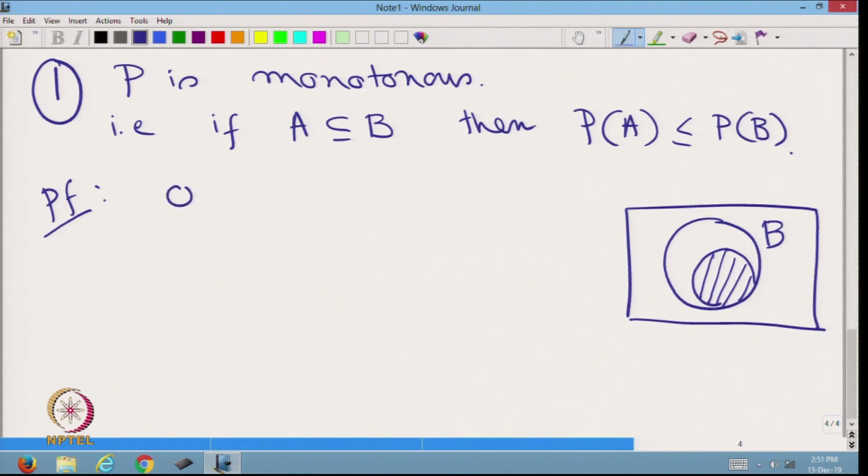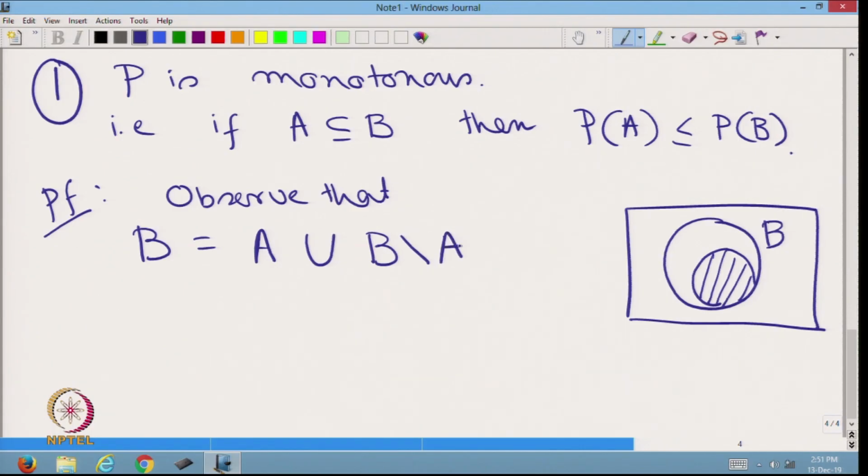So, observe that B is equal to A union B minus A. That means B minus A consists of elements which are in B but not in A. Therefore, these two are disjoint.